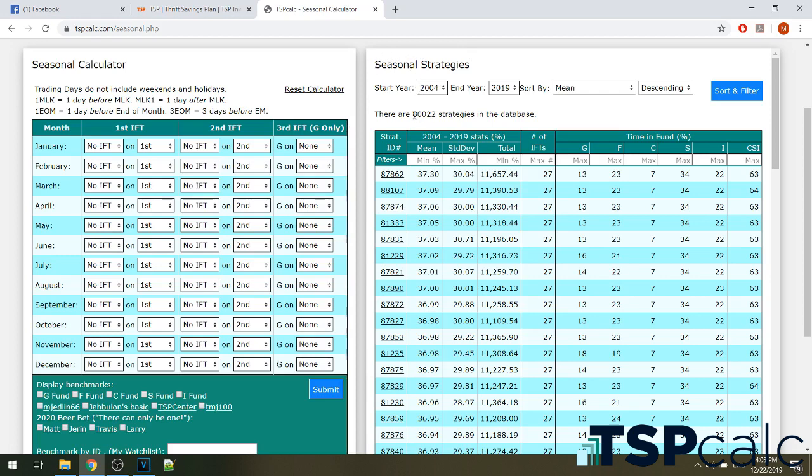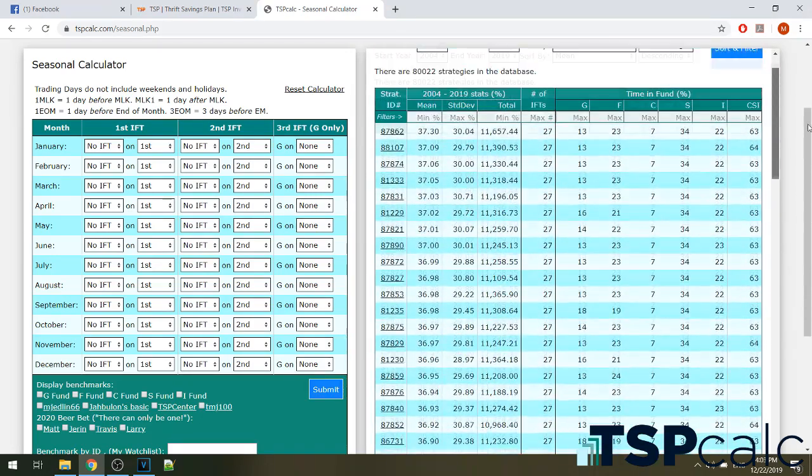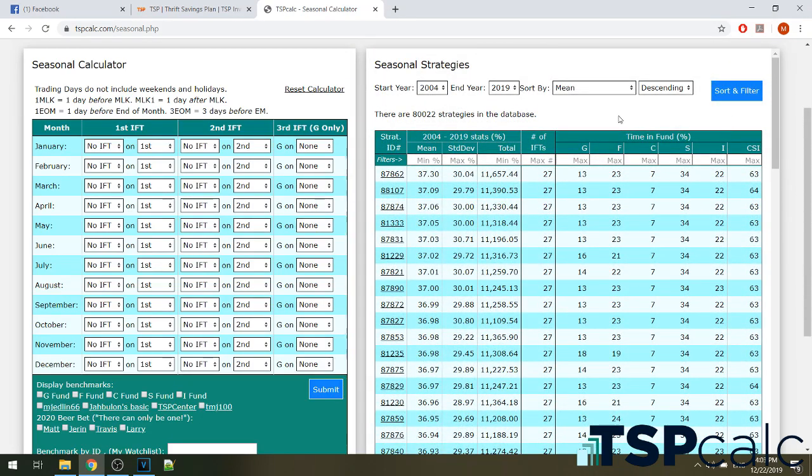So right now there are 80,022 strategies in the database, and this is a snapshot of them. This table is limited to showing you 100 different values, but you get to say what you want to pull from the database. By default, it's going to show you the full available year range, and it's going to sort by mean descending, which means the highest mean first.